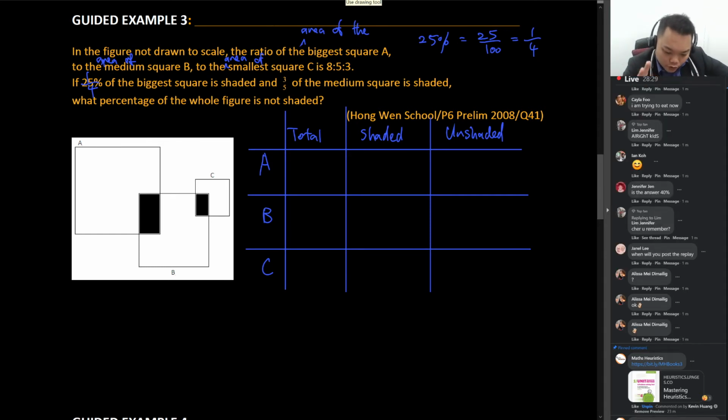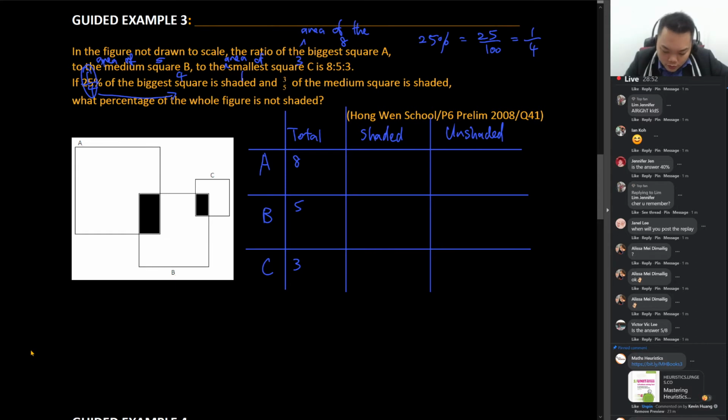Okay, so once you got this ready, the next thing you want to do here is to list out what you have. Biggest square A is 8, square B is 5, square C is 3. So the total here is 8:5:3. Now, we see that 1/4 of the biggest square is shaded.